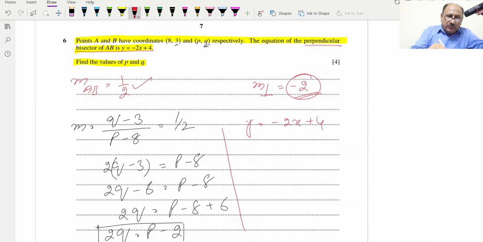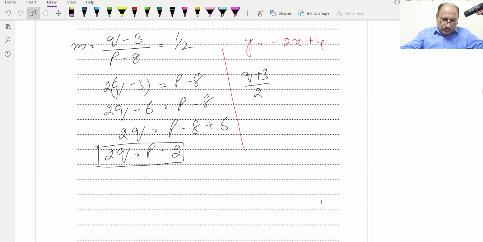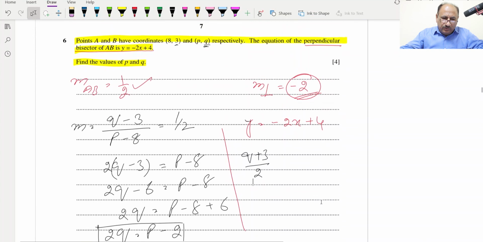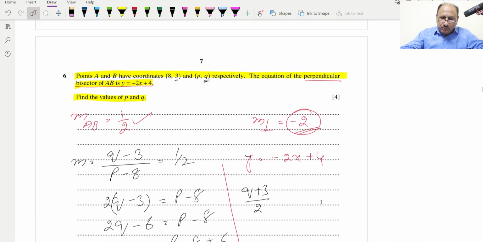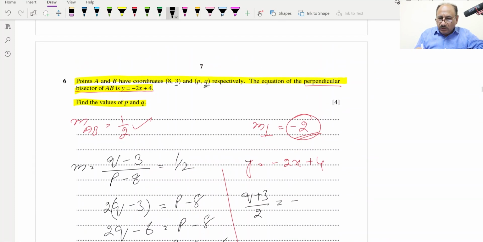So we will replace the x value and y value: y will be (q + 3)/2, and this is equal to -2 into the x value, which will be (8 + p)/2, plus 4.